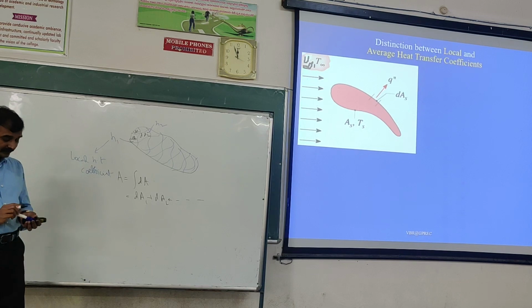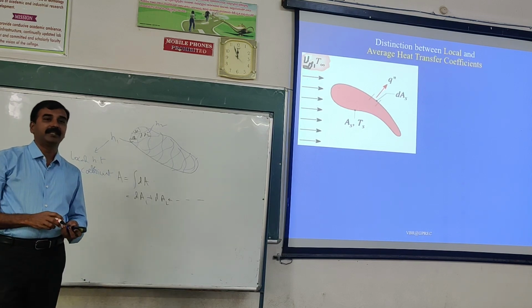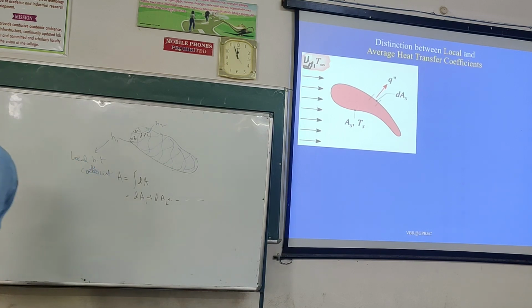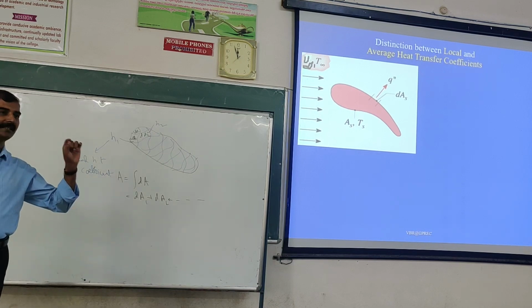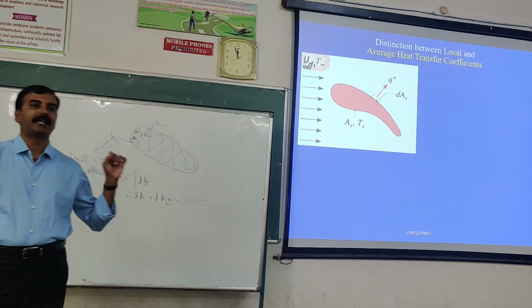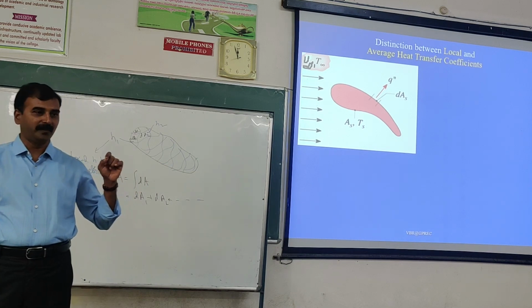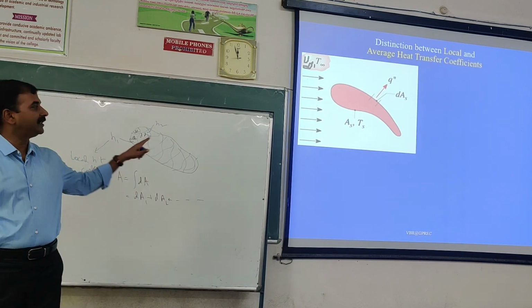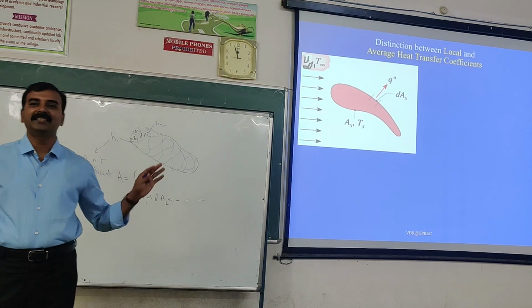Now, how do you establish the relationship between local heat transfer coefficient and the average heat transfer coefficient over the entire body? So, for example, under the assumption that the entire body is having a single fixed heat transfer coefficient, again assuming the conditions under which this body is kept are unchanging, right?